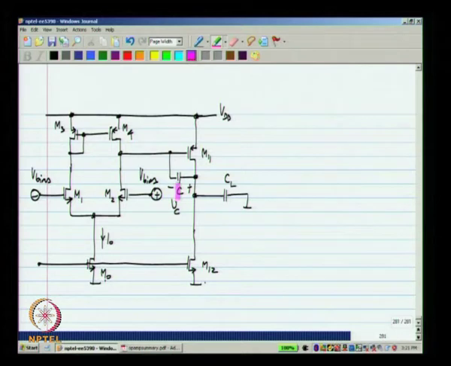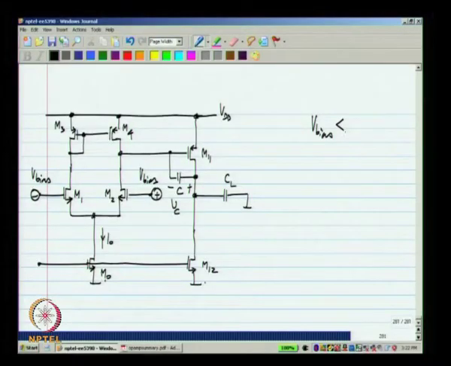Now, what are the limits on the input bias voltage V bias? We have evaluated this many times. If the input voltage V bias increases, the input transistors M1 and M2 can go into triode region, and if the input V bias reduces, the tail current transistor M0 can go into the triode region. Okay. So, the limits are exactly the same as before. The maximum value would be the drain voltage of M1 plus 1 threshold voltage.